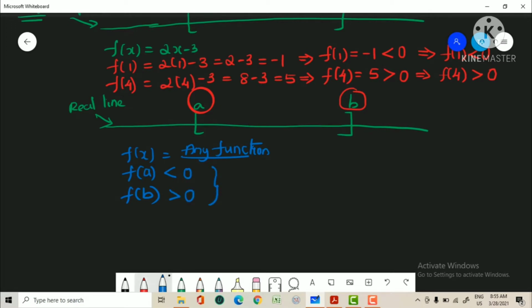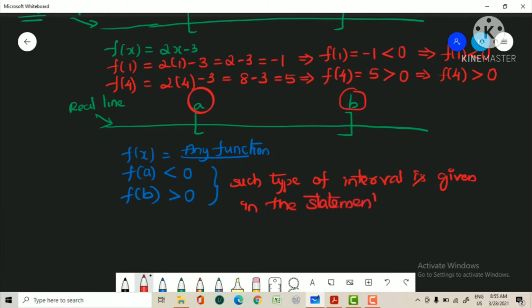Okay, such type of interval is given in the statement.